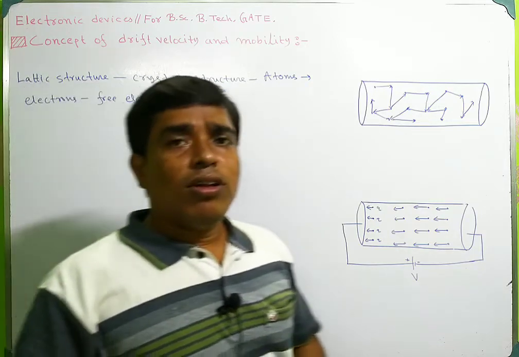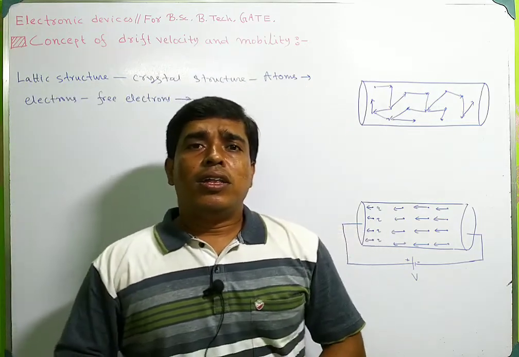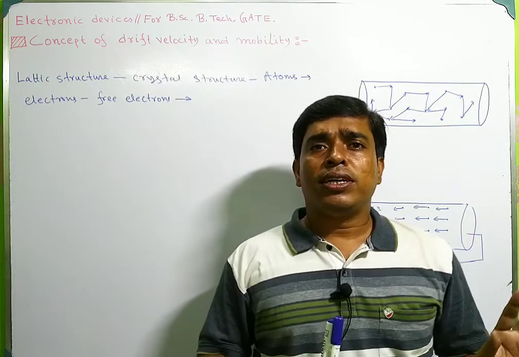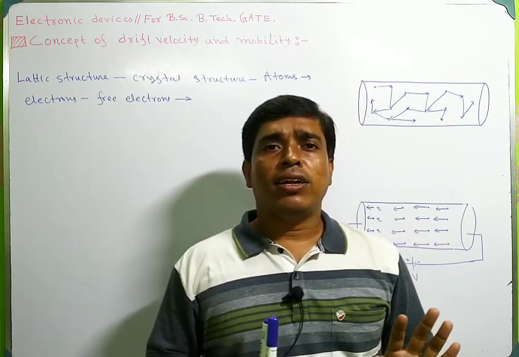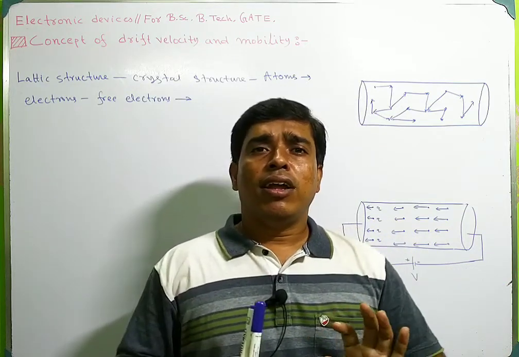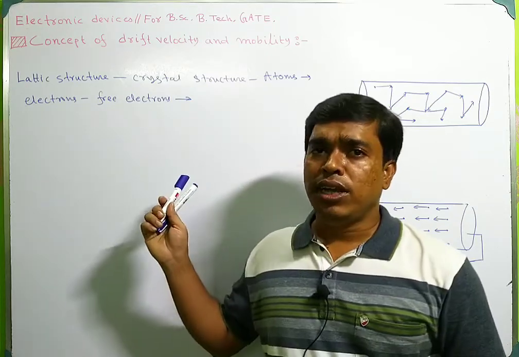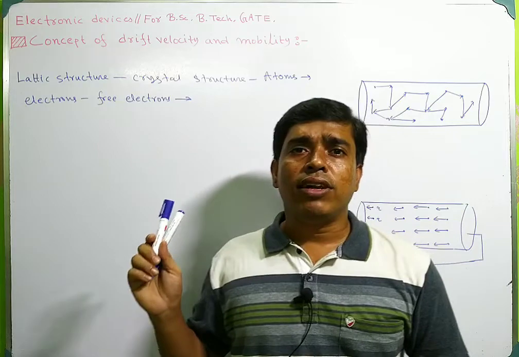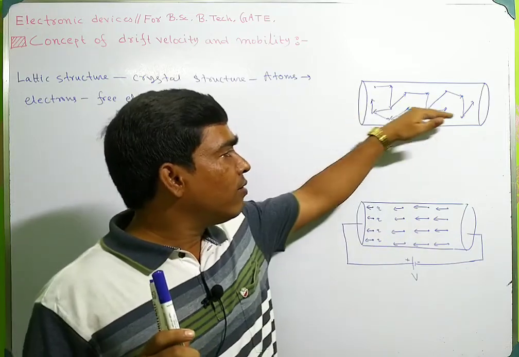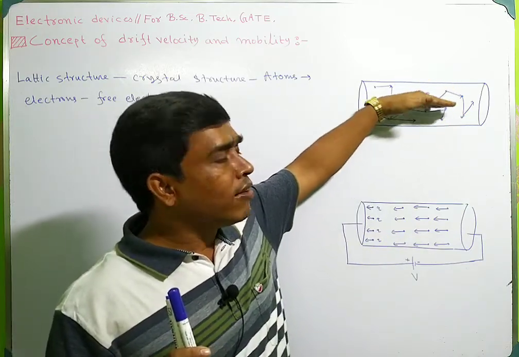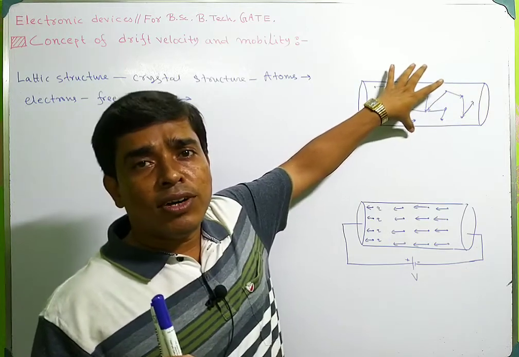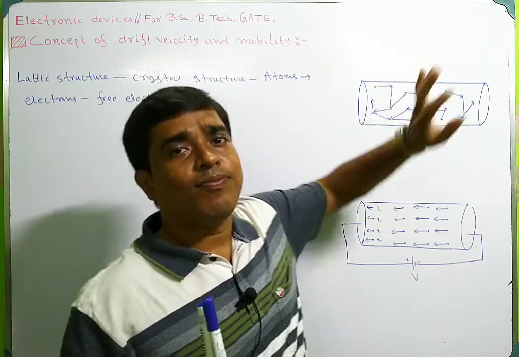So the electrons which are free from the nucleus of the atom are called free electrons, and these electrons can move through the crystal structure of the semiconductor or conductor.